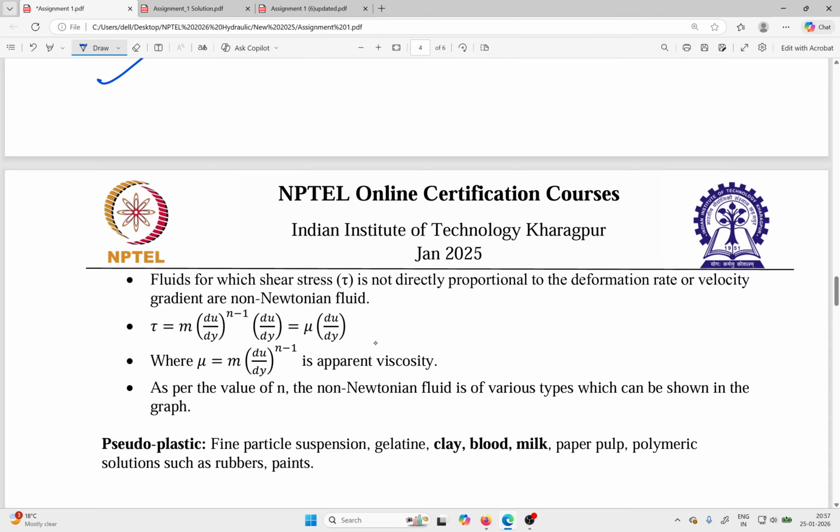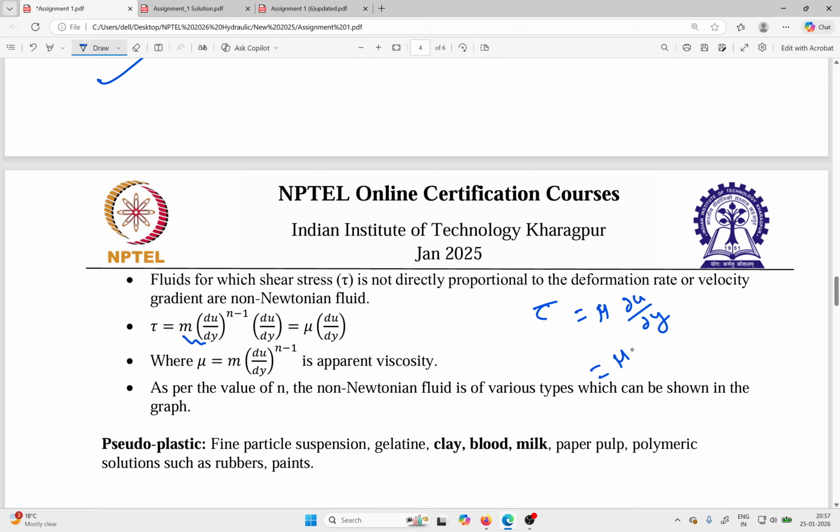Here you can write this term. Okay, what does this line try to explain here? Let me just explain to you. You know, for the Newtonian fluid, the relation is mu del u by del y. You can write these things very easily.